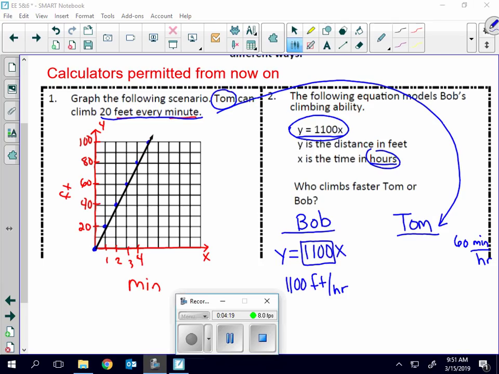and we have to figure out, okay, so 20 feet per minute. Does that mean he can go more or less in an hour? If he can go 20 feet per minute, obviously he can go more than that per hour. So we're going to take the 60 and make it bigger. We're going to make that 20 bigger by multiplying it by the 60 is what I'm trying to say. Okay, so he originally did 20 feet per minute, but we're going to multiply that times 60 to get how many feet per hour.